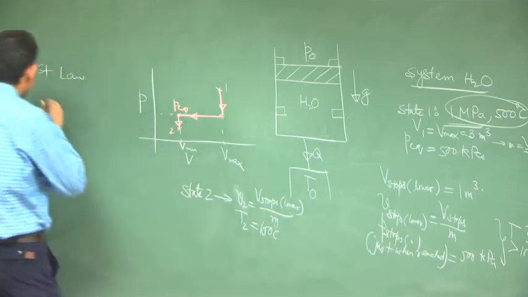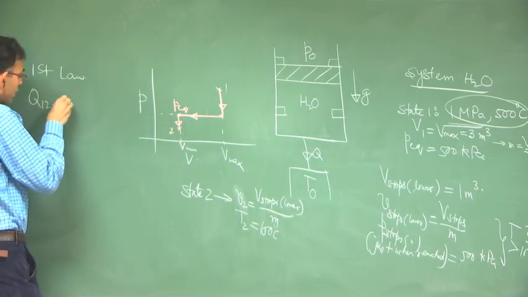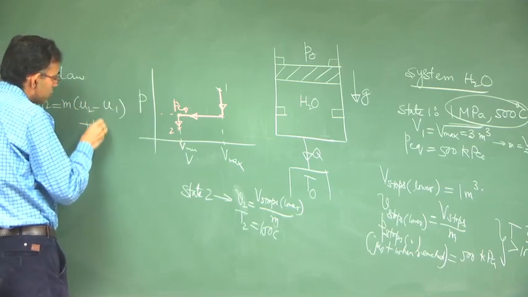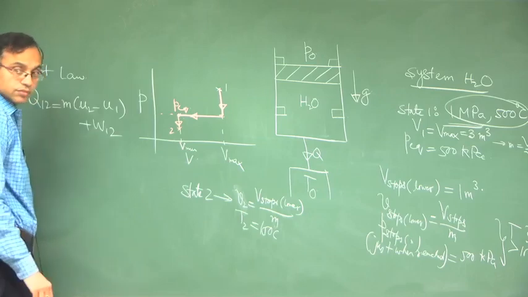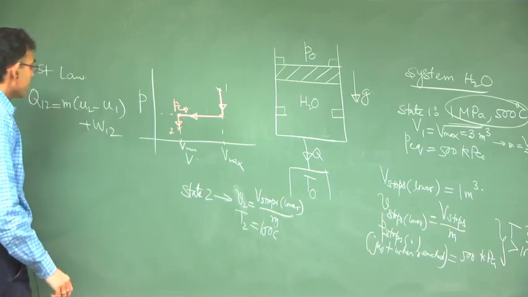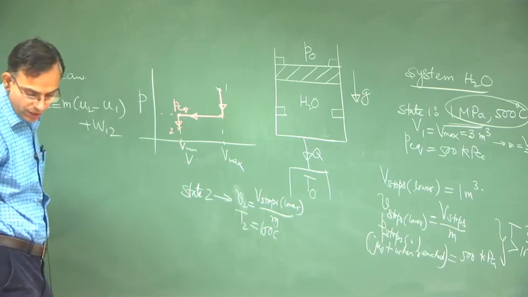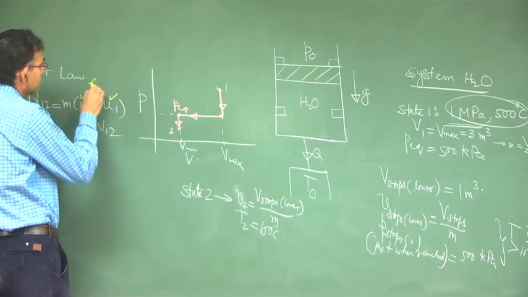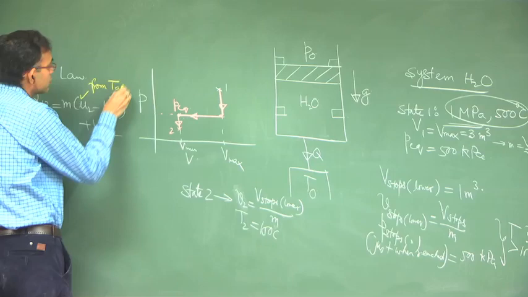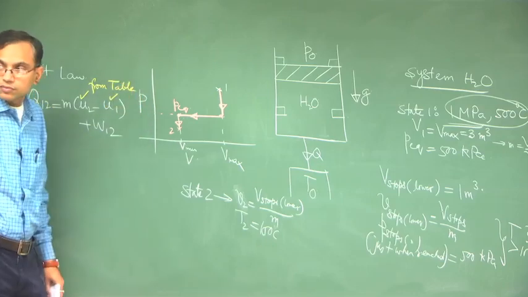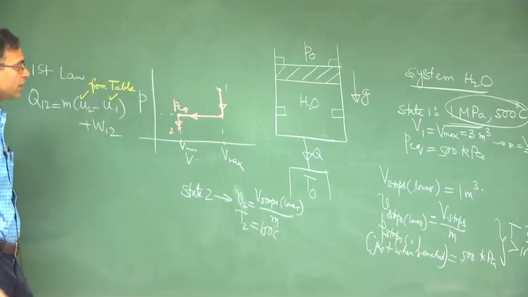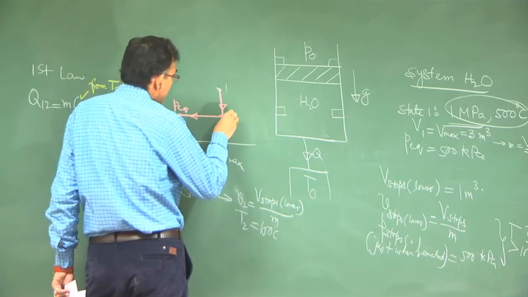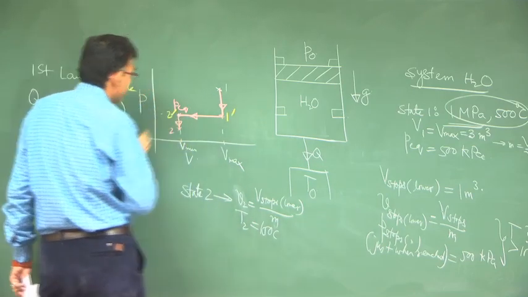So, first law Q12, okay. So, U2 and U1 you get from table. And work done, what is that? So, let us say this is 1 prime, this is 2 prime.